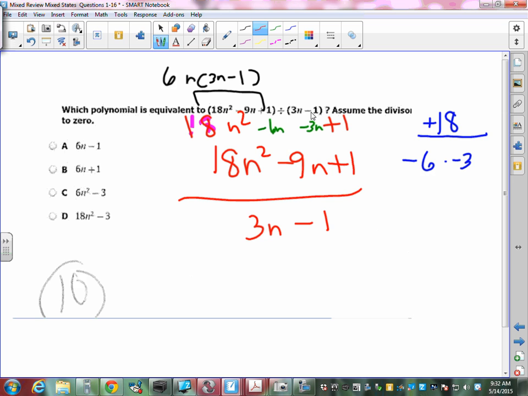And then here, okay, we know when we factor by grouping, if the first, second, third term is negative, then our greatest common factor will also be negative. I don't see any greatest common factor there, but everything has a greatest common factor of 1, doesn't it? So we're going to put a 1 there. Negative 1 times what is negative 3?